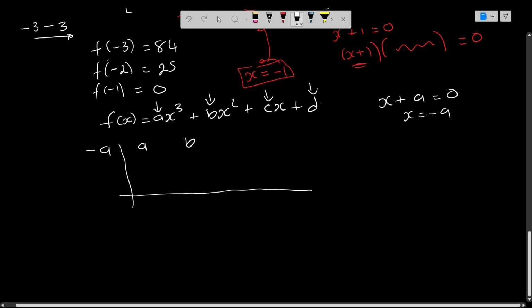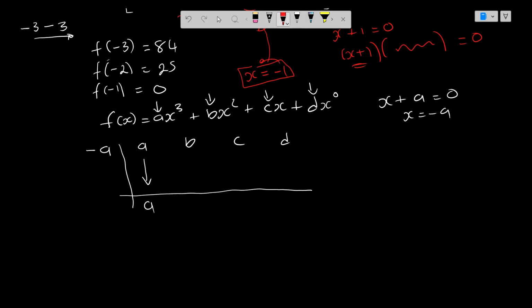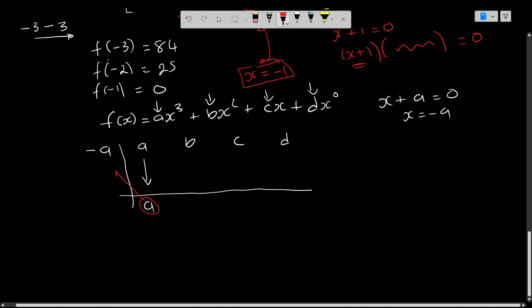Remember, this one here is x raised to the power 0. The coefficient of x here is c, the coefficient of x there is d. What you do is you drop down the a, and then this here times that, and you put it here.